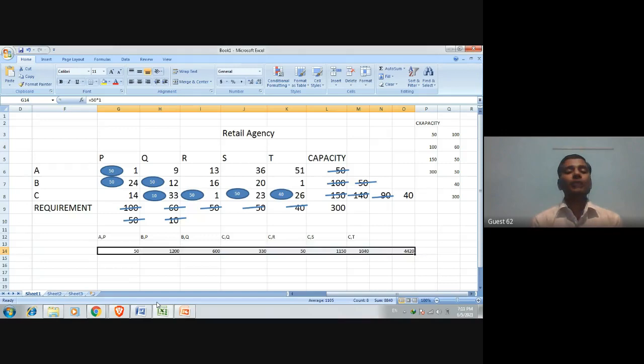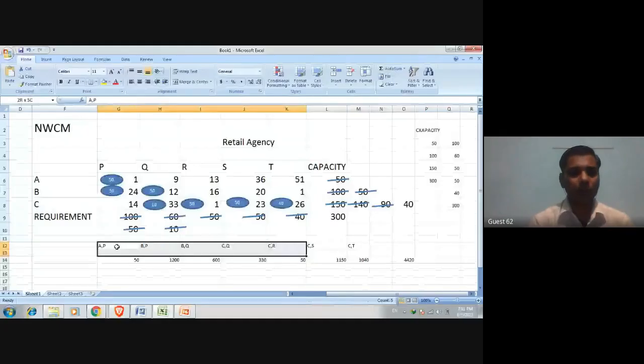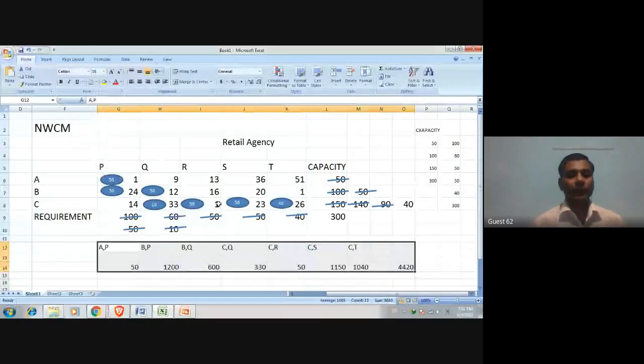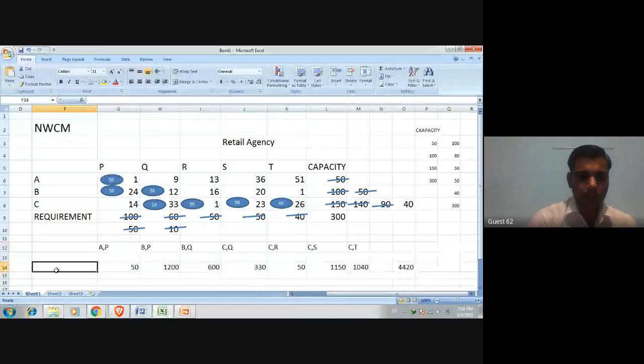Now we have to check optimality, but to check the optimality, we have a different method. In the northwest corner method, this we are solving. NWCM. These are the transportation costs.